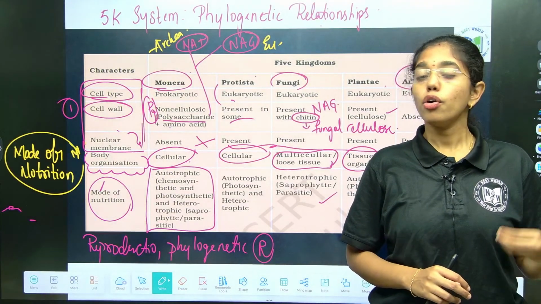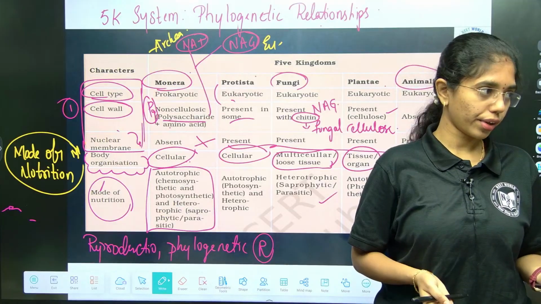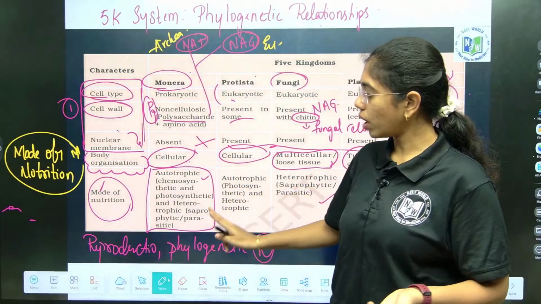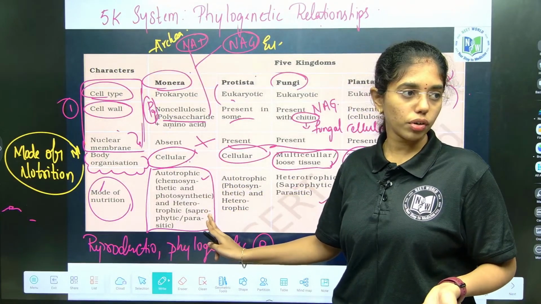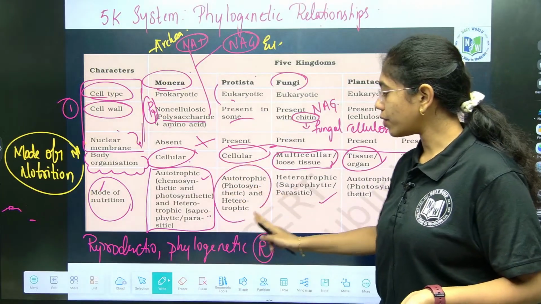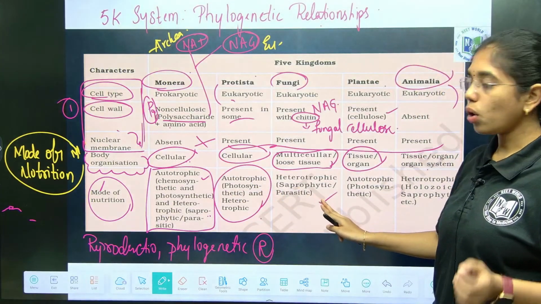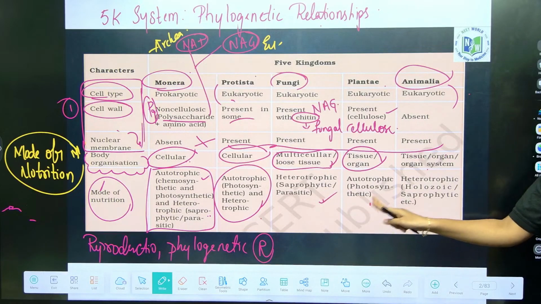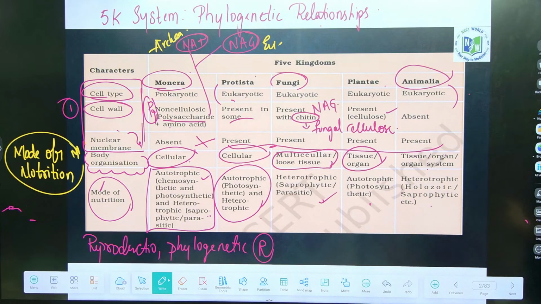They are again photolithotrophs, photoorganotrophs. Okay, like that the highest classification is in what? Mode of nutrition in Monera. Next is Protista, autotrophic and heterotrophic, and only heterotrophic in Fungi, only autotrophic in Plantae, only heterotrophic in Animalia. This is about the complete kingdom.